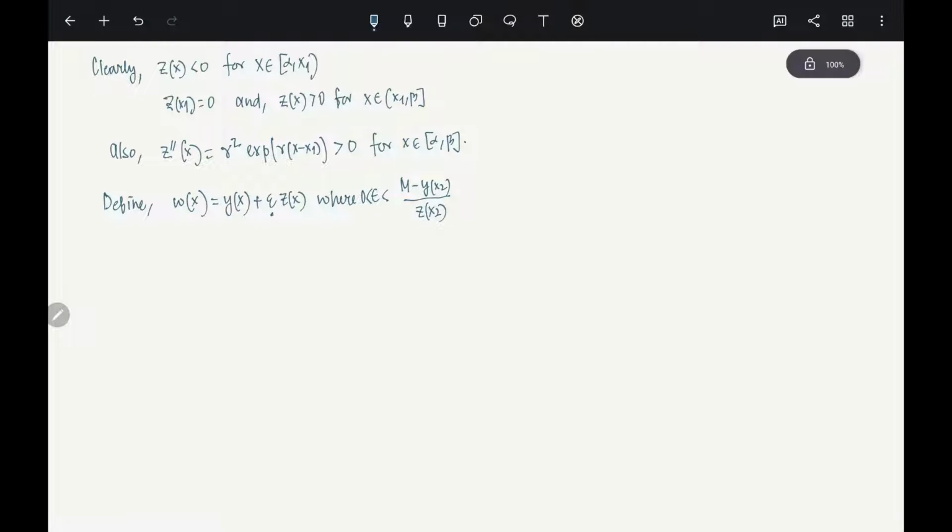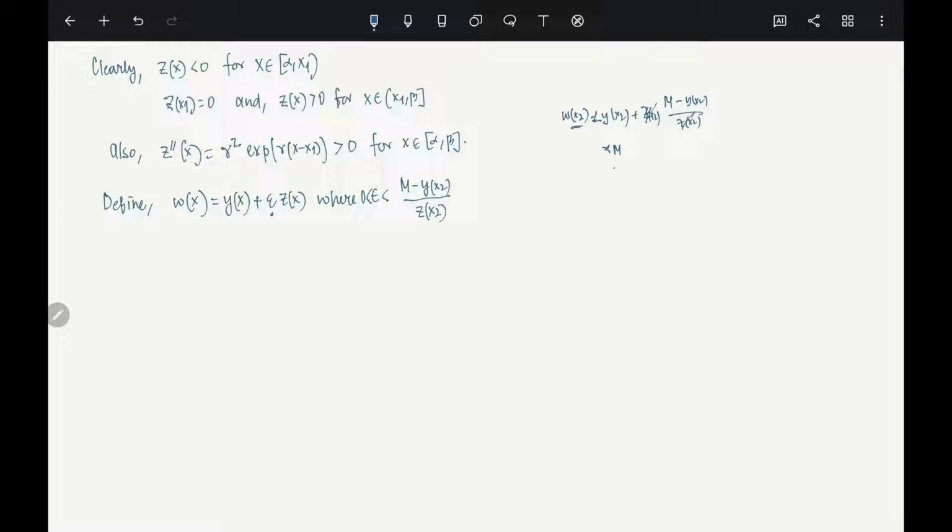If we define epsilon like this, what happens to w of x2? It is y of x2 plus epsilon times z of x2, right? So this is strictly less than (m minus y of x2) by z of x2, times z of x2. So this is gone, and this will be strictly less than m.